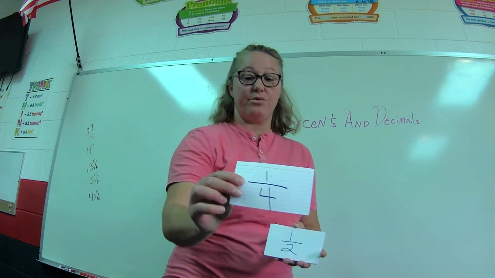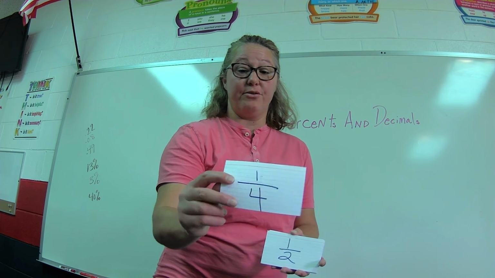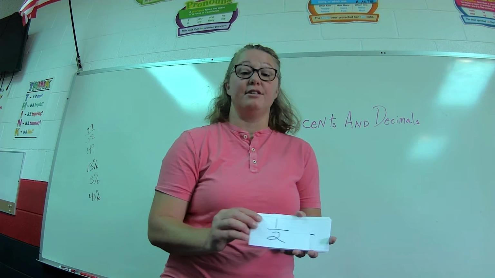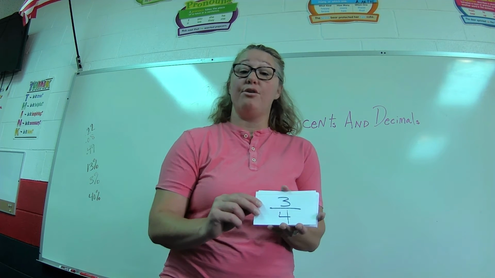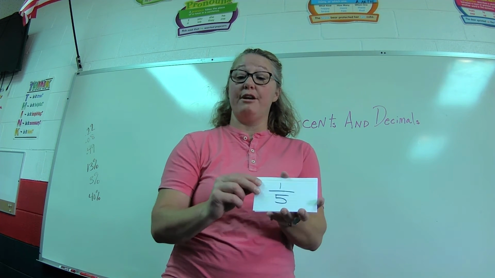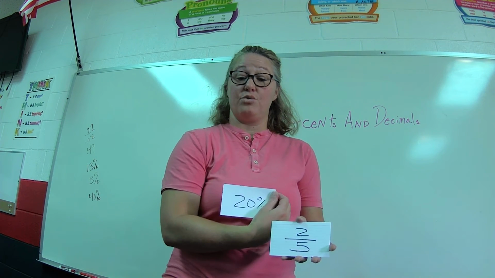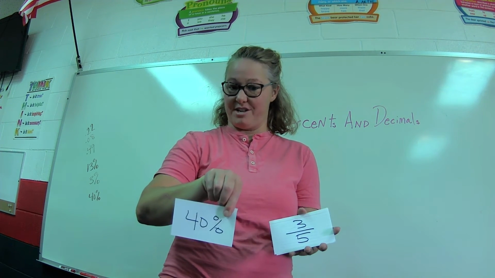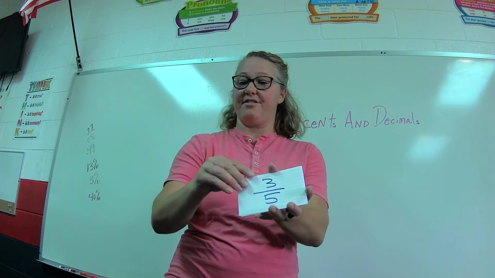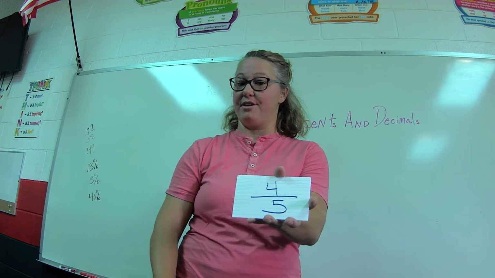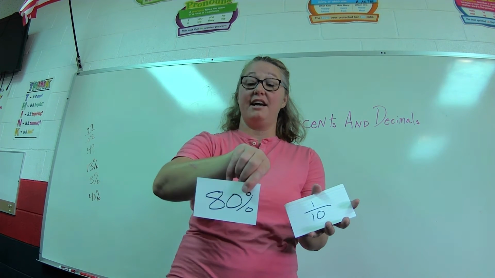So we started with 1/4, which is 25%. 1/2 is 50%. 3/4 is 75%. 1/5 is 20%. 2/5 is 40%. 3/5, you got it, 60%, and then we have 4/5, which is 80%.